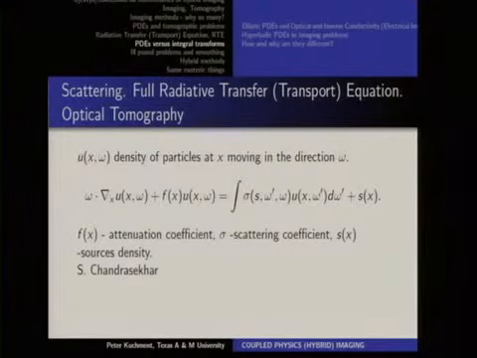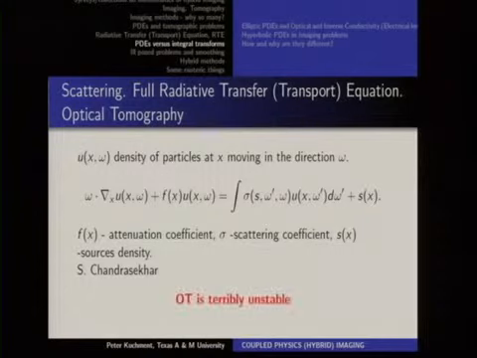And again, this is already the full equation, studied by Chandrasekhar. And optical tomography is a terribly unstable, low-resolution method. It's a very valuable method since, for instance, tumors are several times darker than healthy cells.